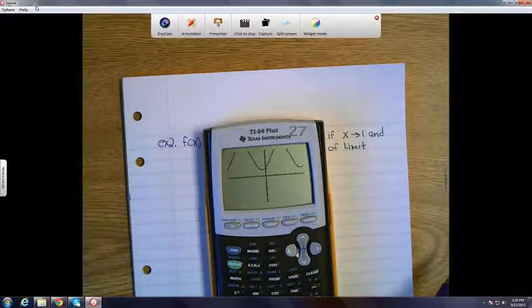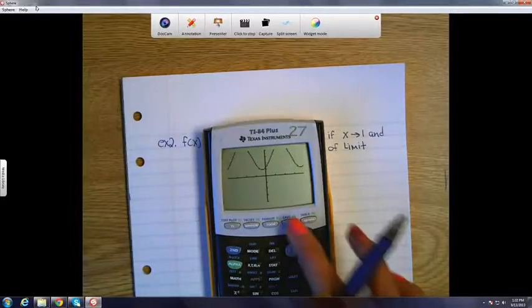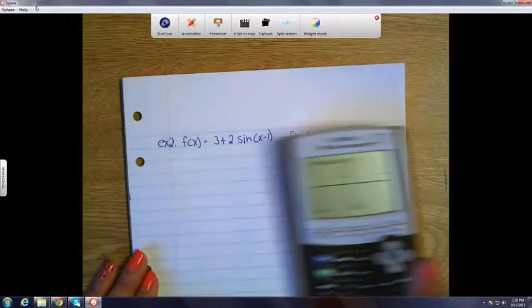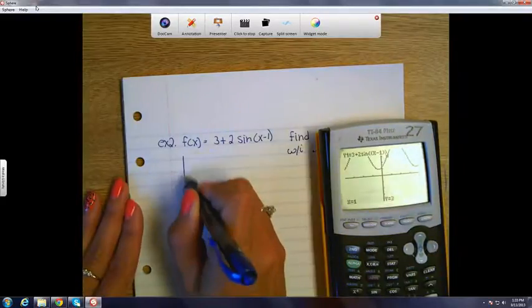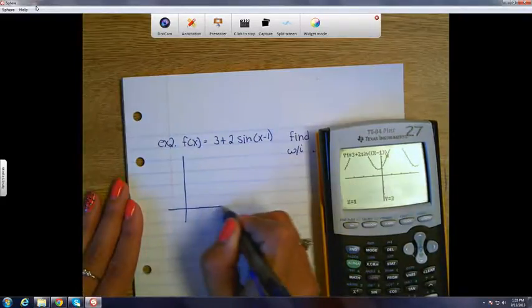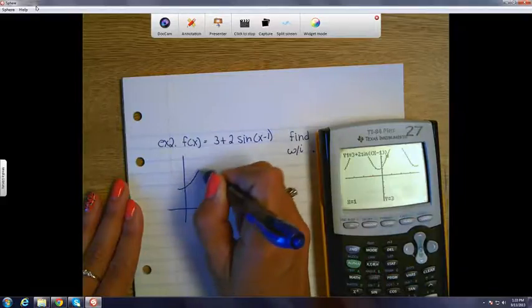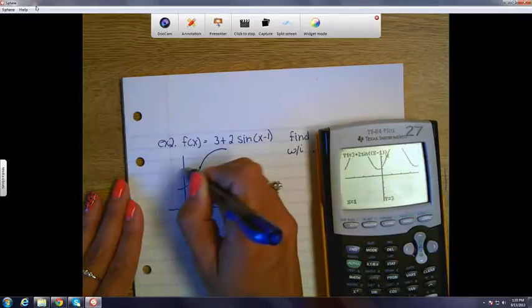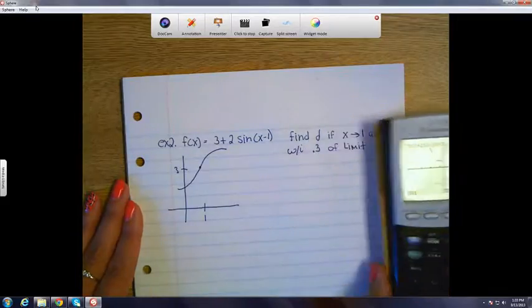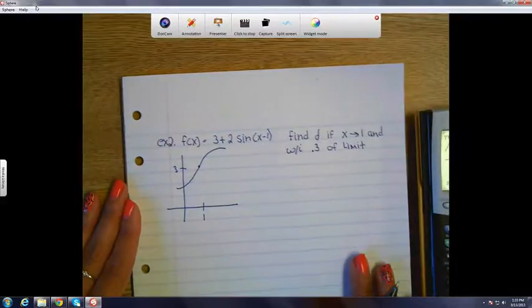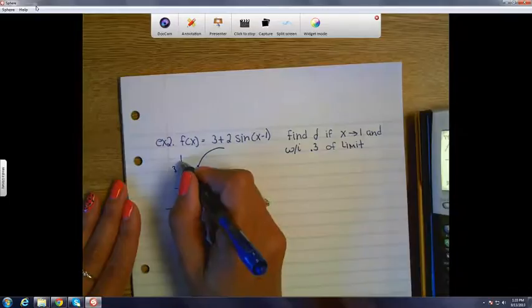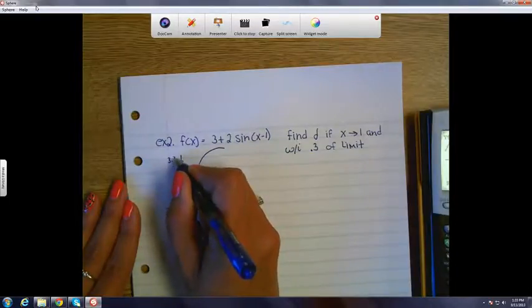And we're approaching x equals 1, so I'm going to trace to 1, enter, and now I know the limit's going to be 3. So if you want to rough sketch that, you can. It's not necessary. So when x is 1, the y value is 3. So we got that limit of 3, and now we're going 0.3 away from the limit. So that means 3.3 and 2.7.